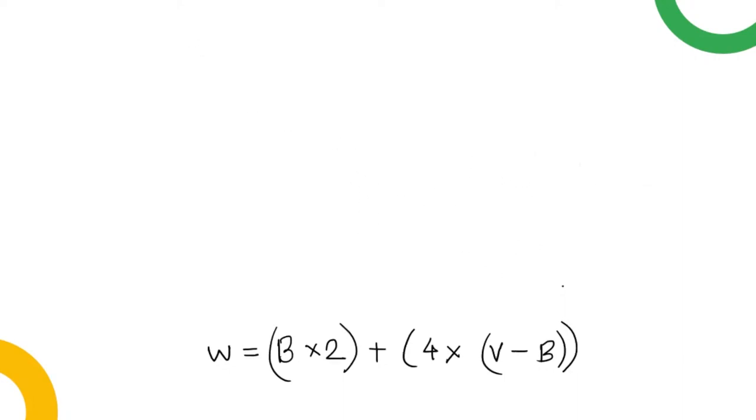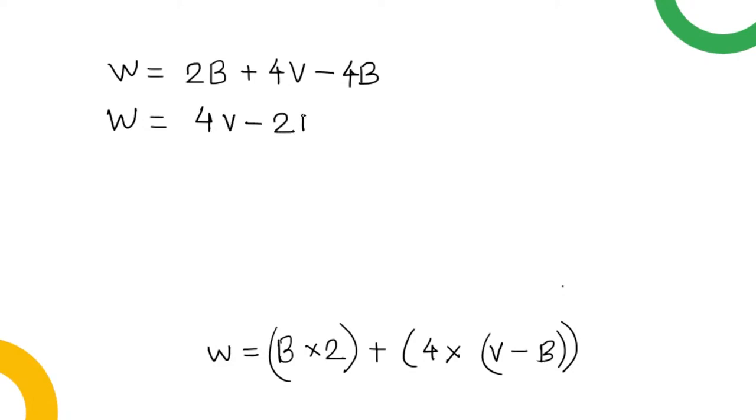If we solve this equation, W, the total number of wheels, is equal to 2 bikes, 2B plus 4V minus 4B. So W is equal to 4V minus 2B.